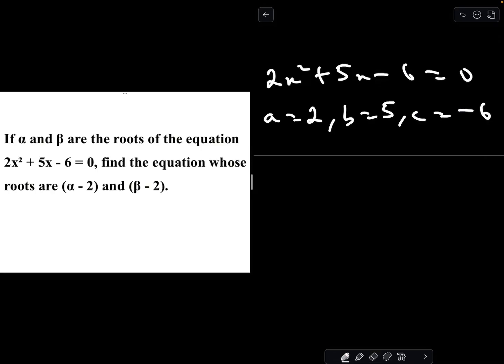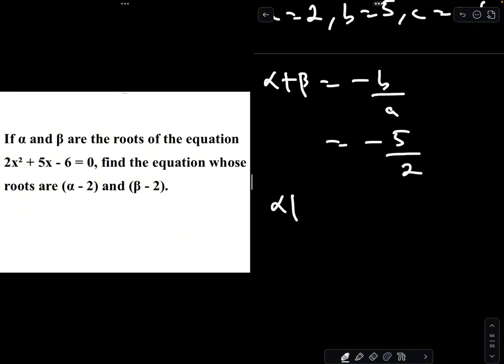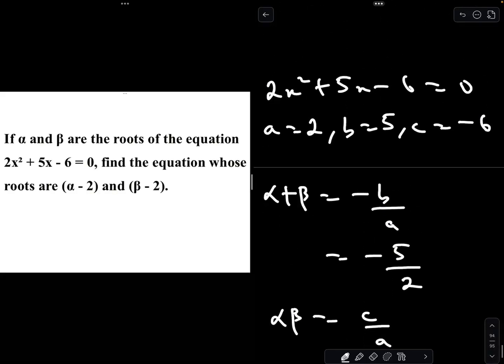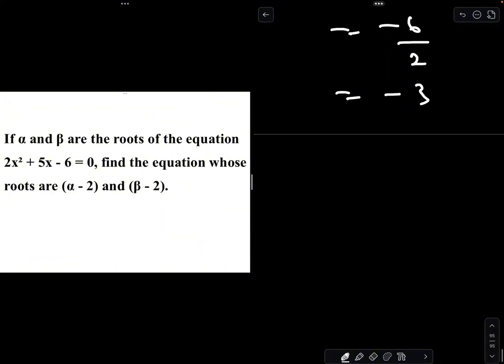Now, alpha plus beta is minus b over a, which is minus 5 over 2. And alpha beta is c over a, which is minus 6 over 2, and that's minus 3. Now, we want to find the equation whose roots are alpha minus 2 and beta minus 2. The first thing to do is to find the sum of those roots.